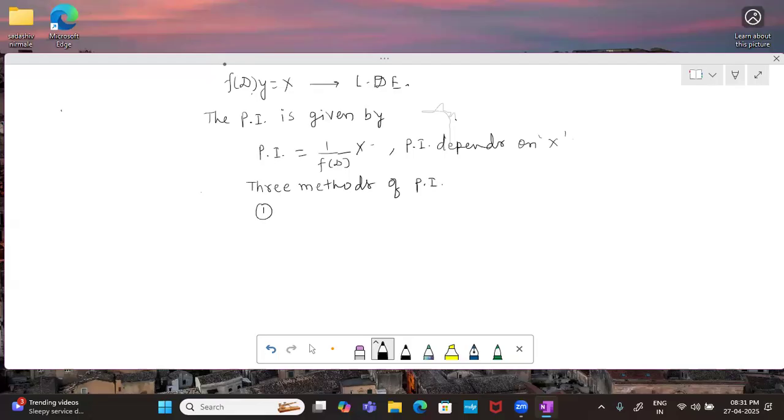First one, shortcut method. So try to find the PI by shortcut first, and if the shortcut method fails, then we apply the general method.